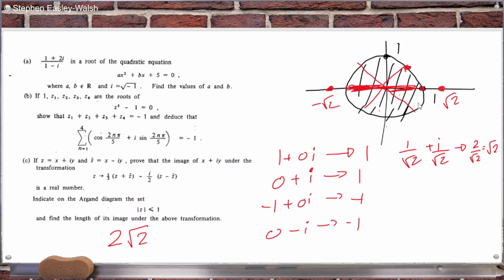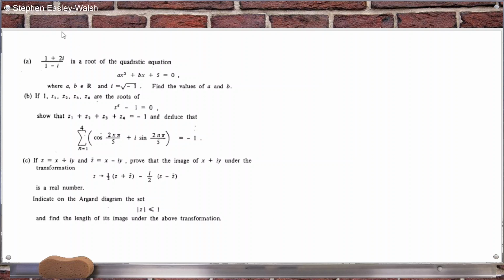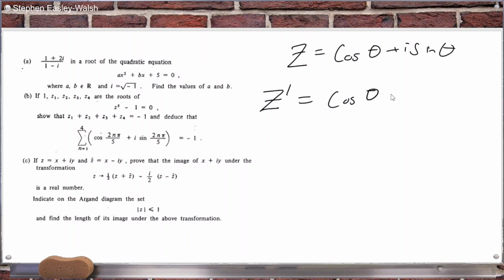Well, that comes from calculus. When can you maximize? It's often at 45 degrees. I wonder if they expect you to know that piece of calculus knowledge here, or if there's some other way to do it. Because if you think about it like this, z is cos theta plus i sine theta, and the mapped z becomes cos theta plus sine theta.